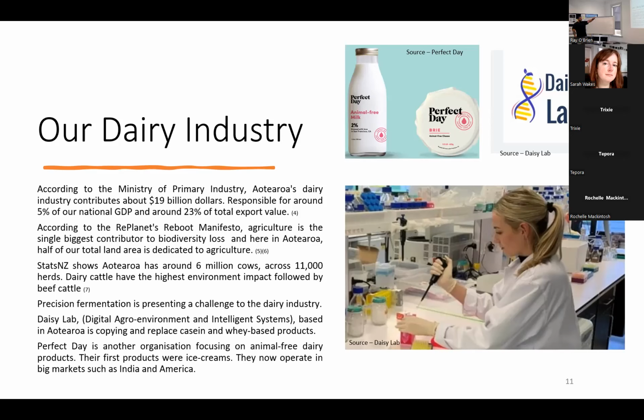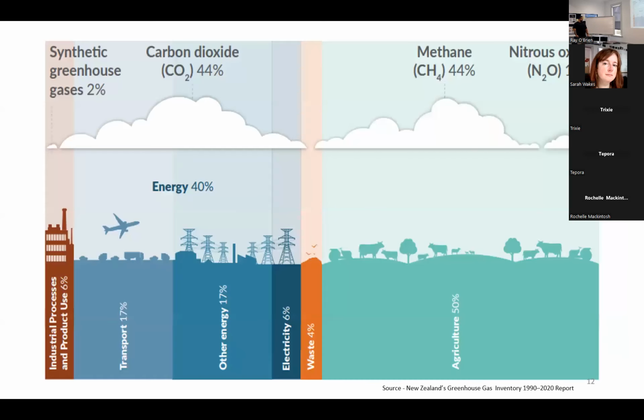Perfect Day down here are a great example of a company that has already gone through that process and is now producing products like cheeses and milk, and they've entered into huge markets like India and the United States, and are starting to sell these products. So there is a lot of progress happening in the space.